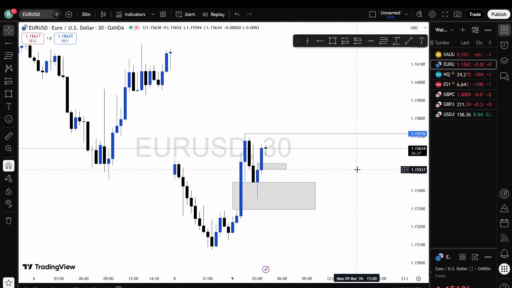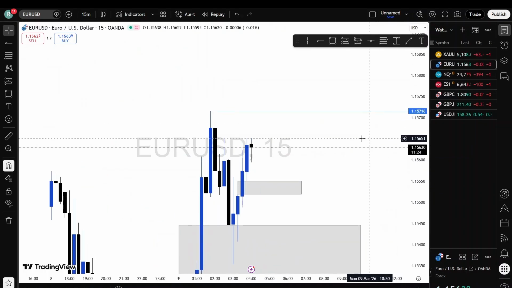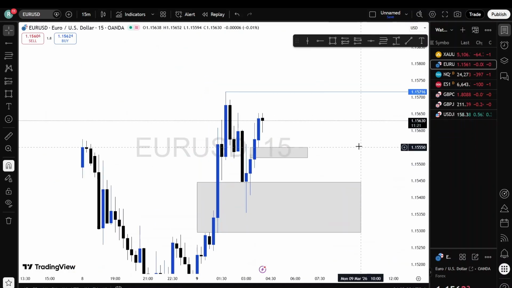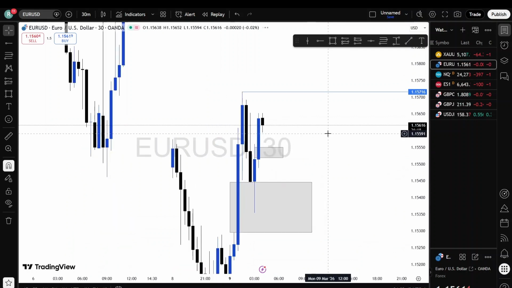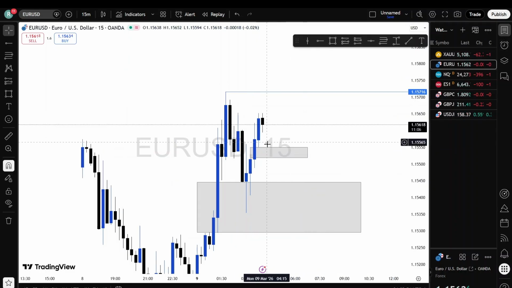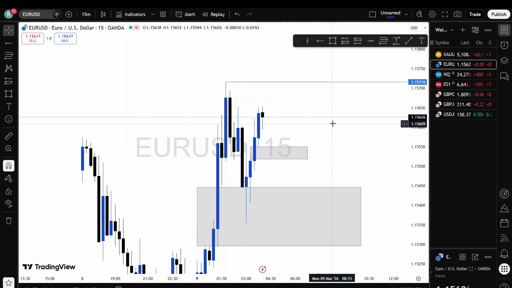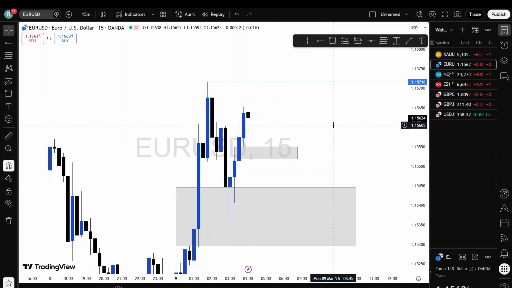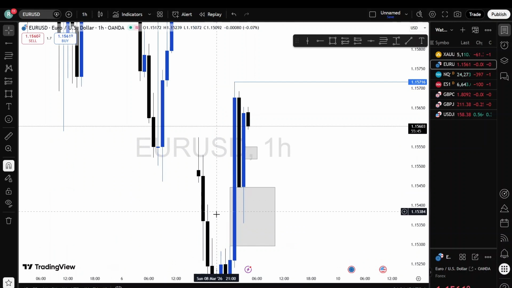So let's see what's happening in EURUSD. Okay, it's coming down. If it doesn't come here, we won't be trading, right? Because I always look for only the highest time frame FVG that is available for my bias. So from the highest time frame, if you see, the 1 hour FVG was already tapped.